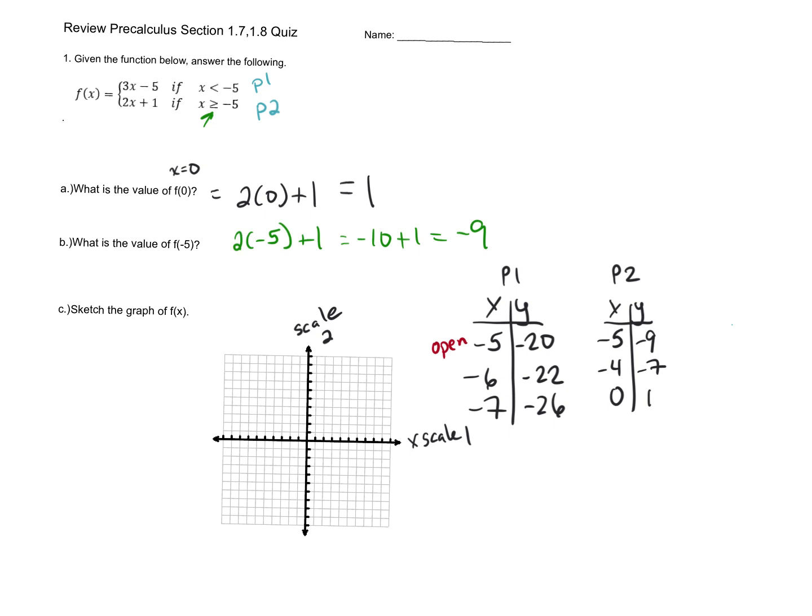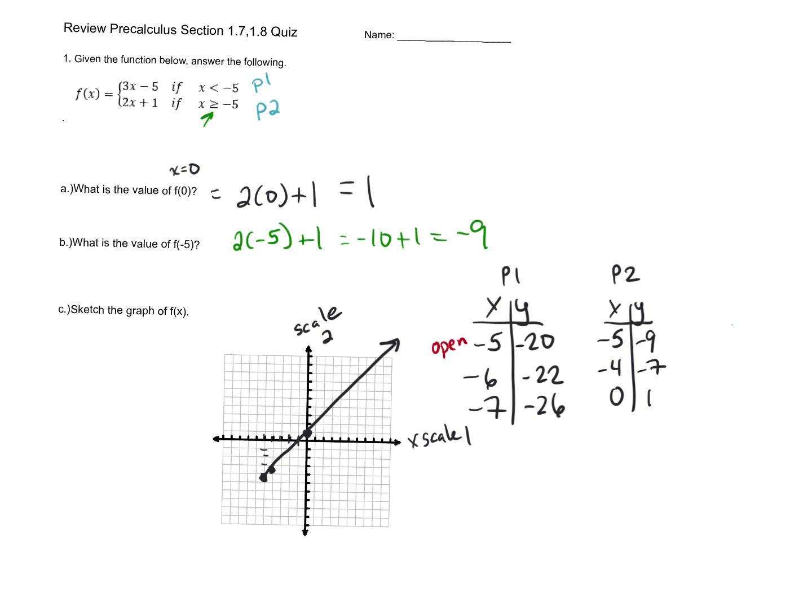So for negative 5, negative 9, that's negative 5 on the x-axis, and 9 is going to be 2, 4, 6, 8, 9. So there's my first point. 0, 1 is pretty easy. That's that point there. And then negative 4, negative 7 is going to be somewhere in between. So that is piece 2, because those are the ones greater than or equal to negative 5.